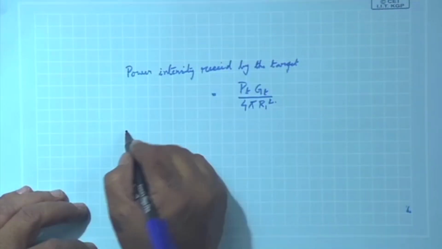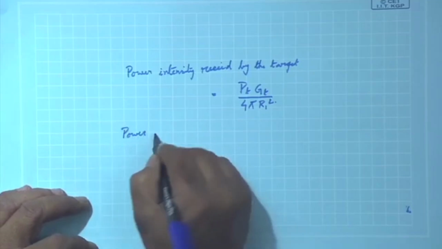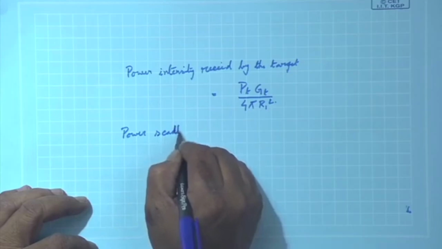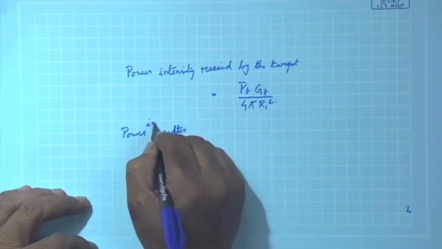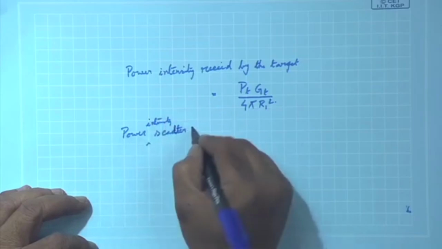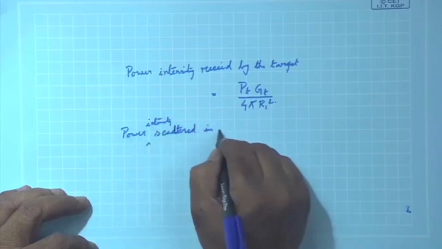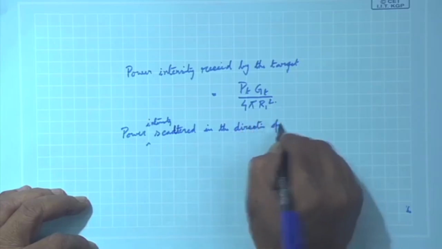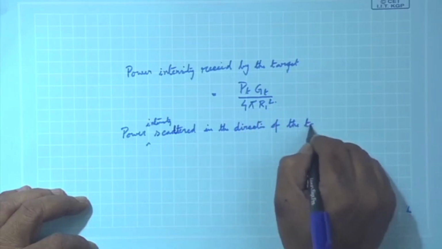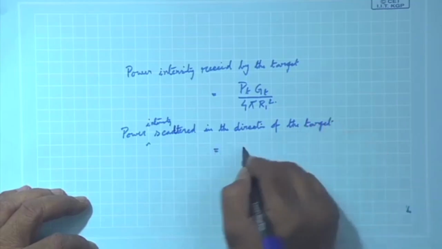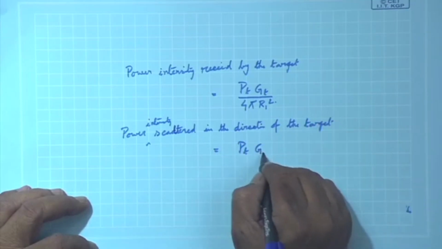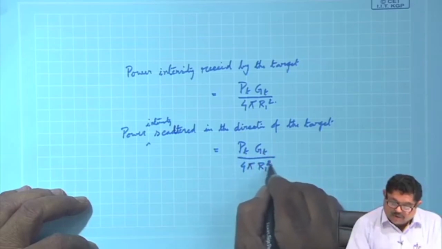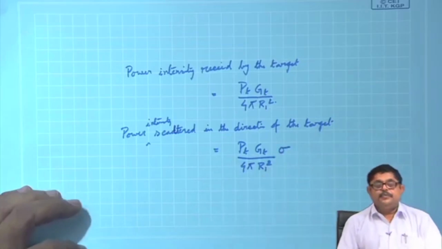So, I can say that the power scattered, or power intensity to be specific, scattered in the direction of the target, that will be PT GT by 4 pi R1 square into sigma.